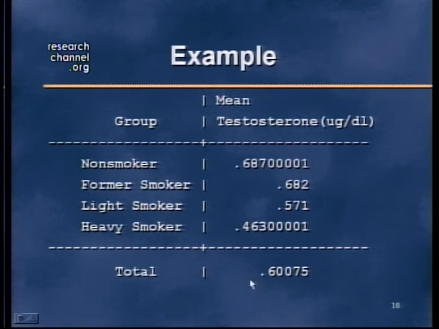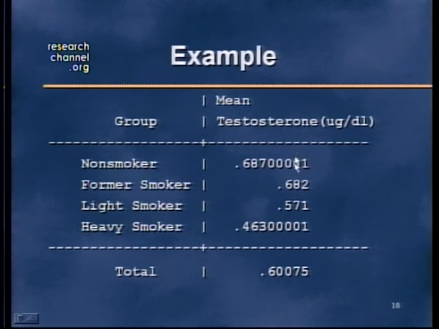So based on the overall data, the mean testosterone level was about 0.6 micrograms per deciliter. What do you notice by smoking category? Any relationship? Doesn't it appear that if you go from non-smokers to heavy smokers, you actually see a trend? The mean testosterone level seems to decrease as smoking increases.